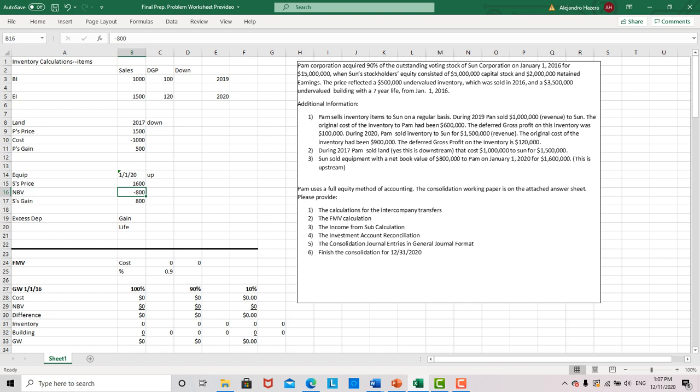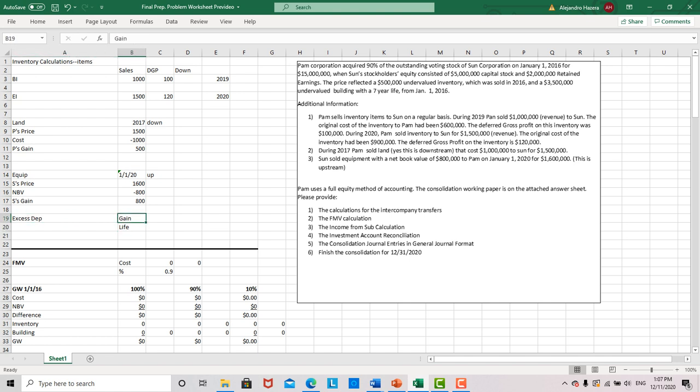The sub wipes it off his books, and then the parent records it on his books for $1.6 million. So in a sense, you've just arbitrarily written equipment up from $800,000 to $1.6 million. So when you write up any asset, you're going to have excess depreciation in future years. And so on gains, when you have a gain on the sale, you're going to have excess depreciation.